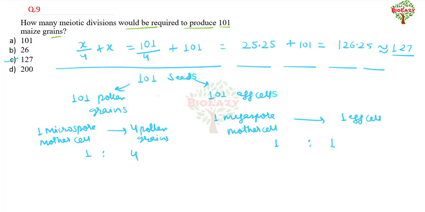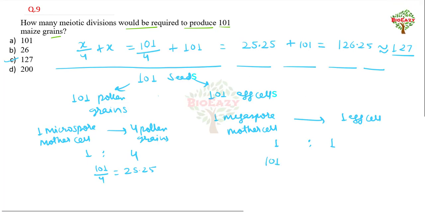So here we can divide 101 upon 4 is equal to 25.25. Now here the requirement of reductional division to produce 101 egg cells is 101.